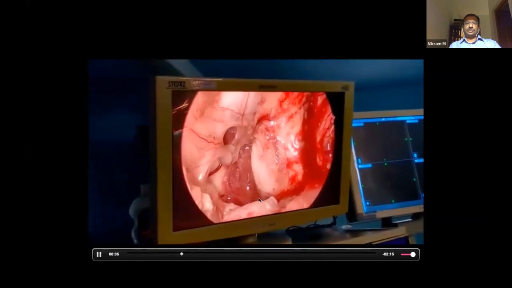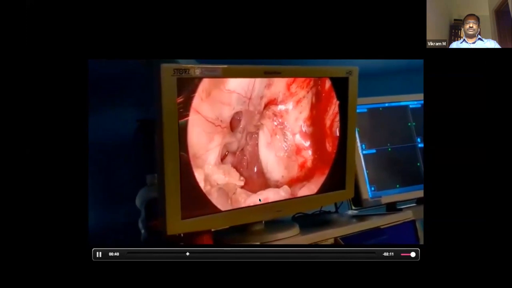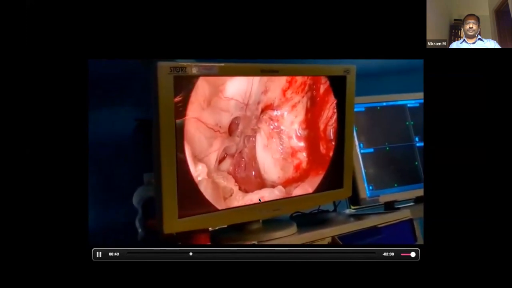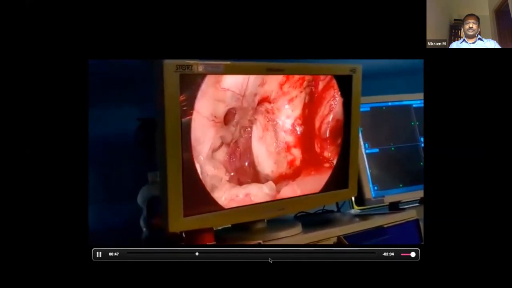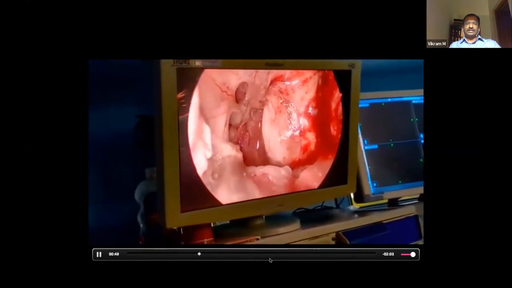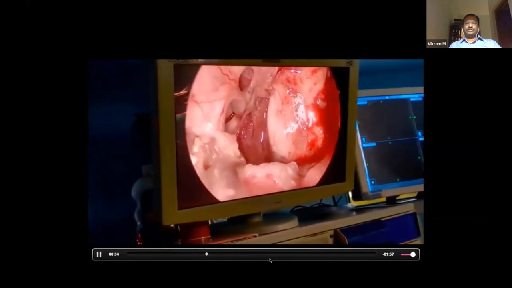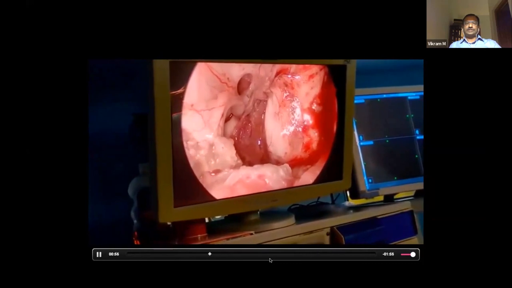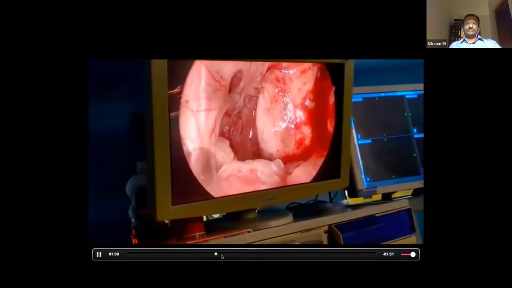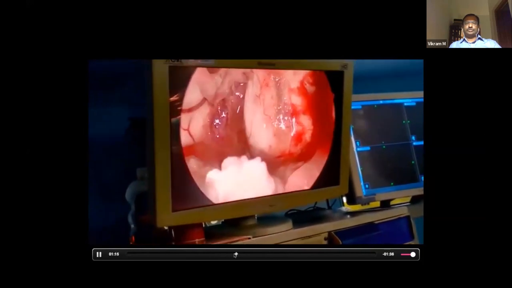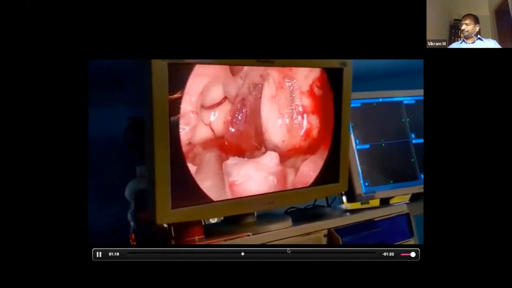These portions were not visible when we were trying to visualize through the microscope because of the acute angle and anterior to the cerebellum. In the depth, we are unable to visualize, but with the help of the endoscope, we could visualize and remove it. Those are the peduncles of the brainstem.